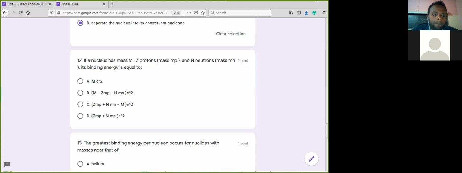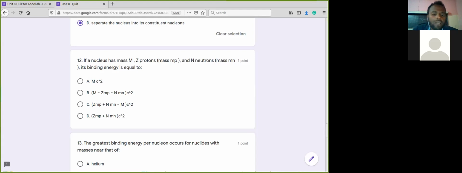C, mass of the protons plus mass of the neutrons minus mass of the nucleus, times c squared. D, mass of the protons plus mass of the neutrons times c squared. Which one is the correct answer?